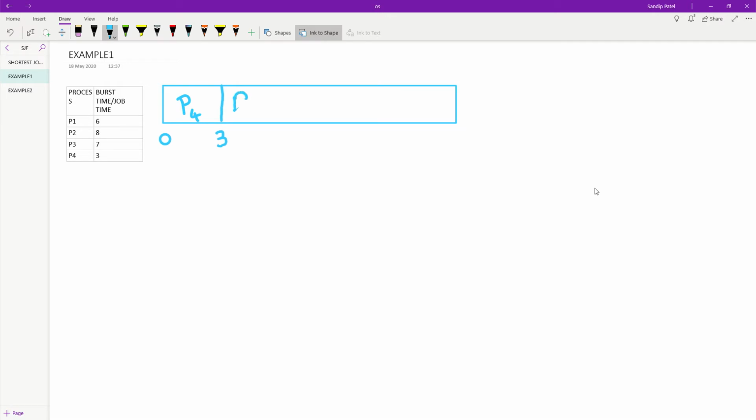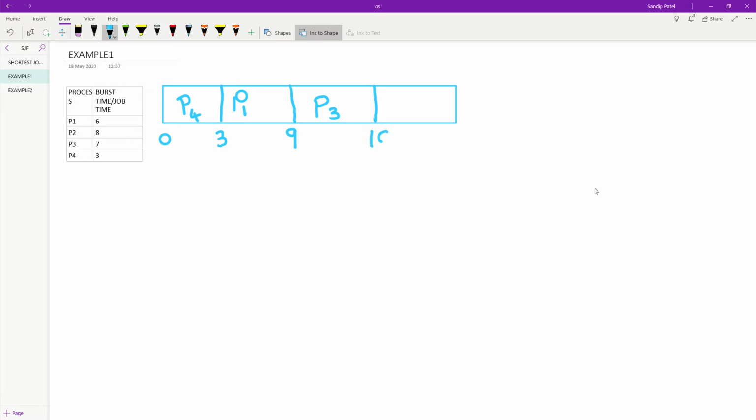The required job timing for process P1 is 6 milliseconds, so 6 plus 3 is 9. The next process selected by the algorithm is process P3, which requires 7 milliseconds. So P3 completes its 7 milliseconds.